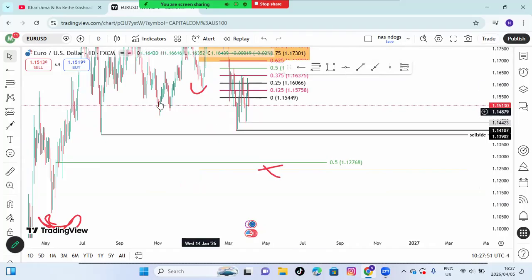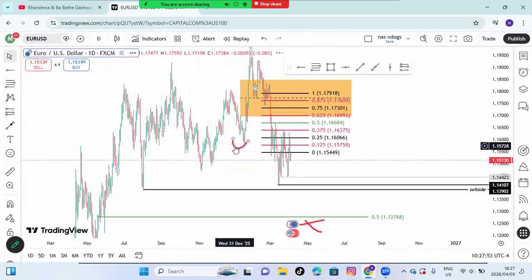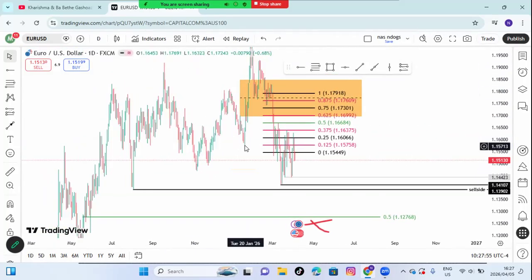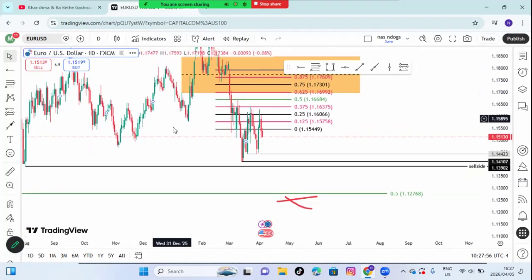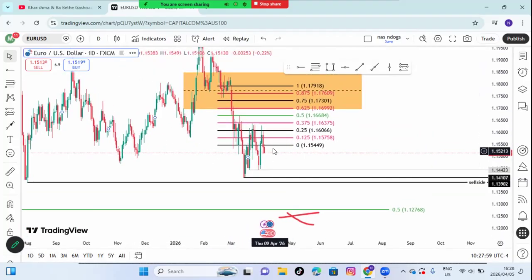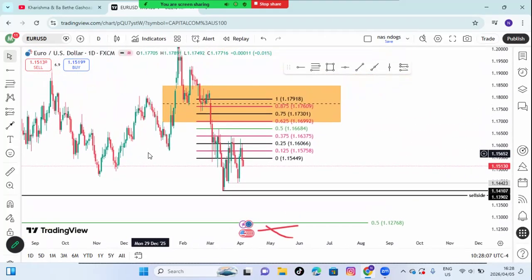How do we sit? Okay, that's the same thing on the daily. Just sitting, this thing going lower from here. No more going up. Just go lower, right?